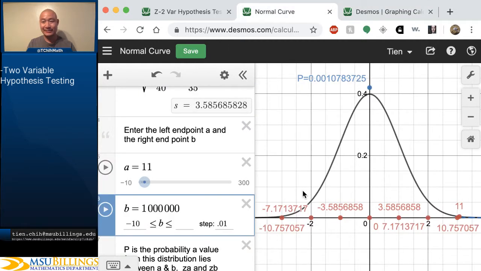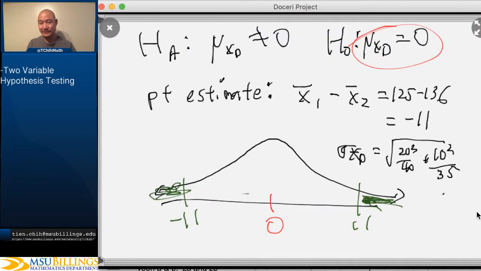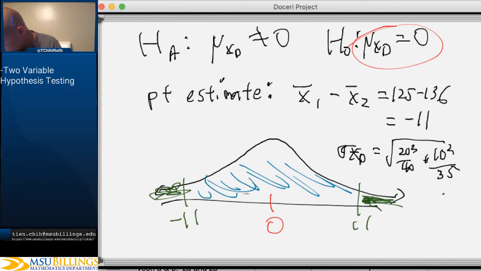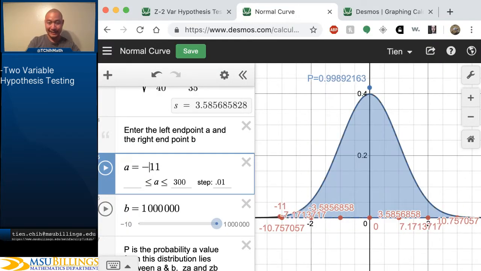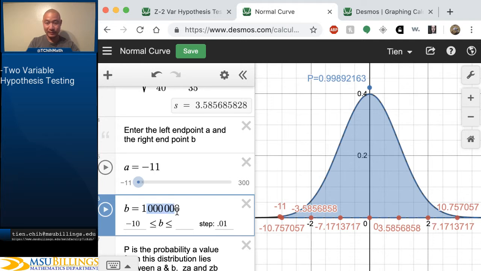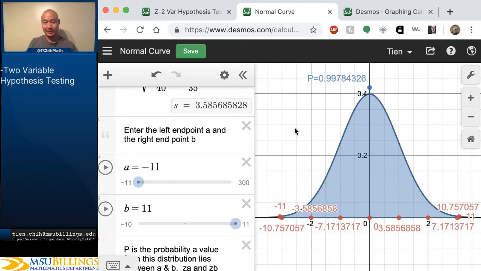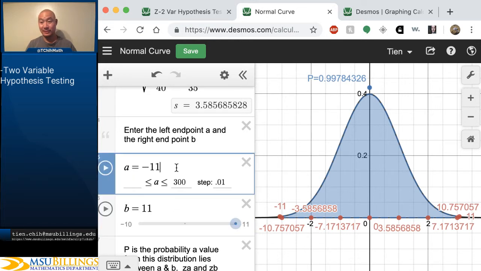On the other hand, I could figure out what the area in the middle is, and if I take out that area, then all I have left is the tails. So if I go from minus 11 to 11, I get 0.99784.